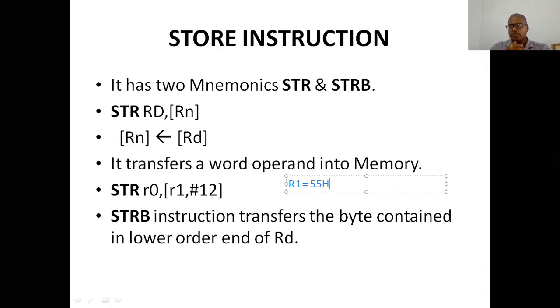So R1 is 55h and I need to add 12h to that R1. Then what is the answer? 55 plus 12 will be 67h. This is the value I am going to get.